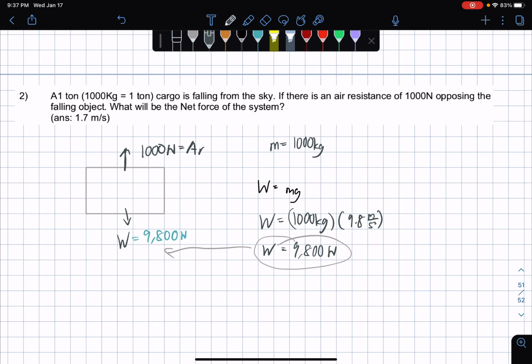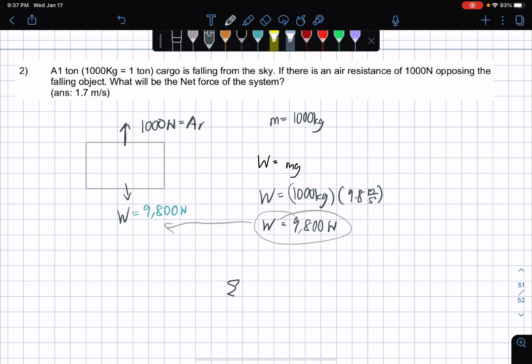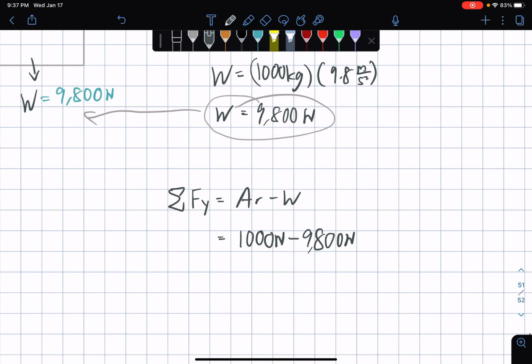Now, we have to compute for the net force concerning Fy. So we have air resistance minus the weight. Air resistance is said to be 1000 newtons and the weight is 9800 newtons. The weight is bigger, so naturally we should expect the object to actually land on the ground. And the landing will be quite violent since the weight is really big.